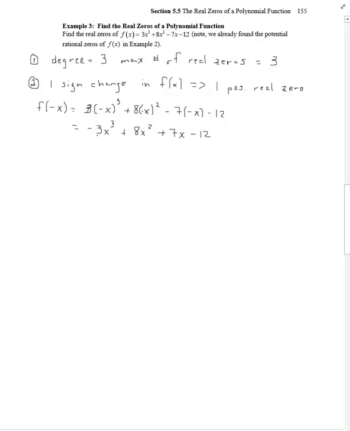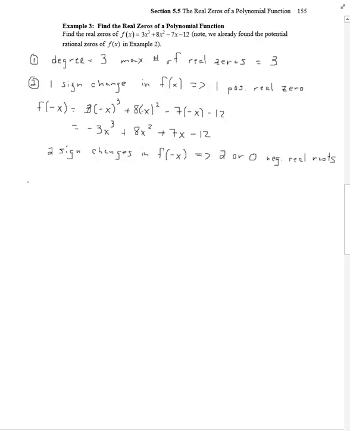So this time we go from negative to positive. That's one sign change. Then eventually we go positive to negative. So that's two sign changes in f of negative x, which means we have 2 or 0 negative real roots. Remember, roots and zeros are the same thing.